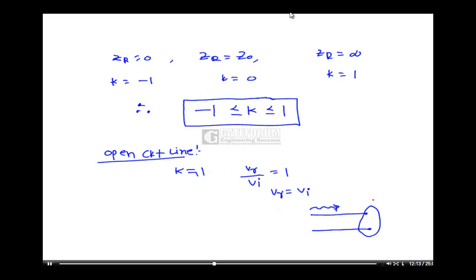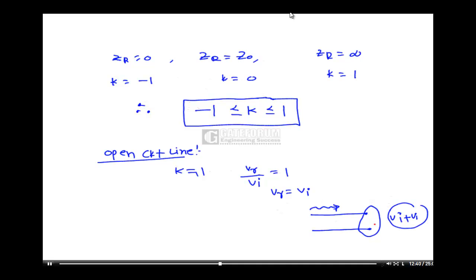Here, for the open circuit case, the collapsing magnetic field will generate an electric field which is equal in magnitude to the existing electric field. So at the load end, what is the total voltage? The already incident Vi and the reflected plus Vi.